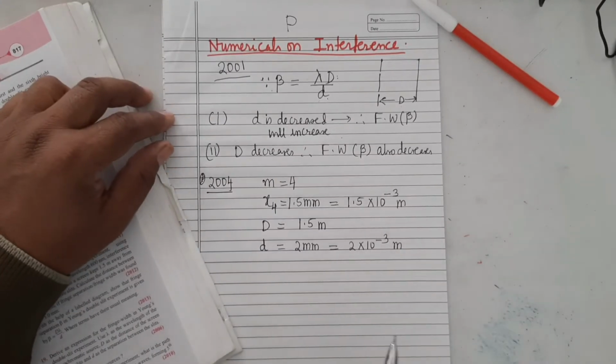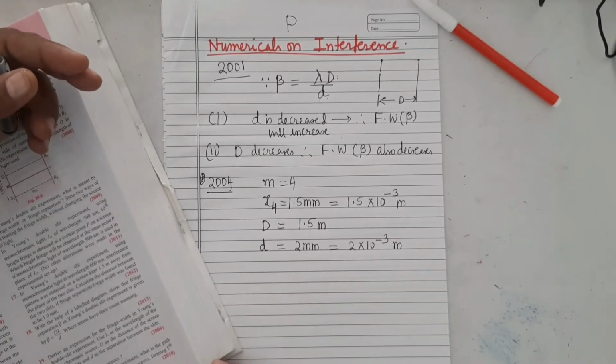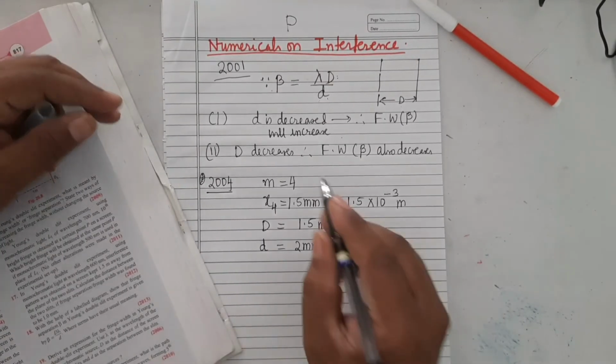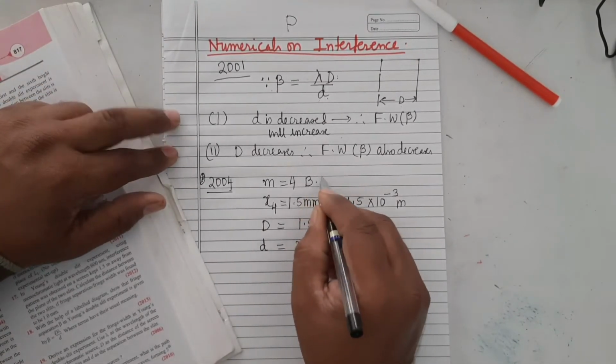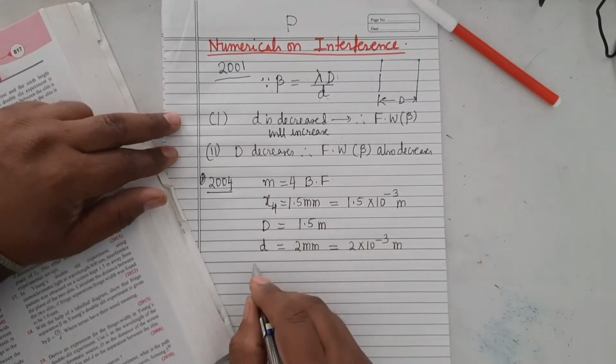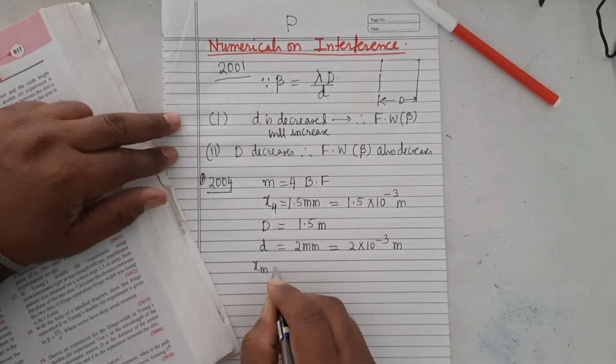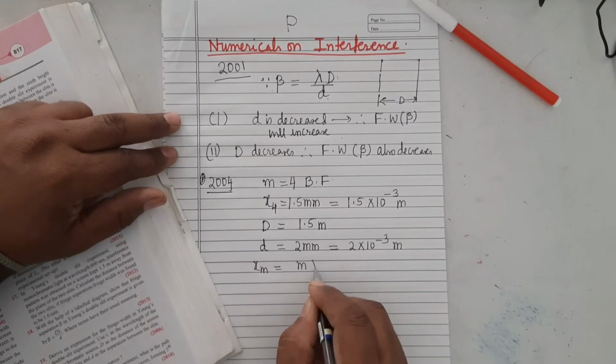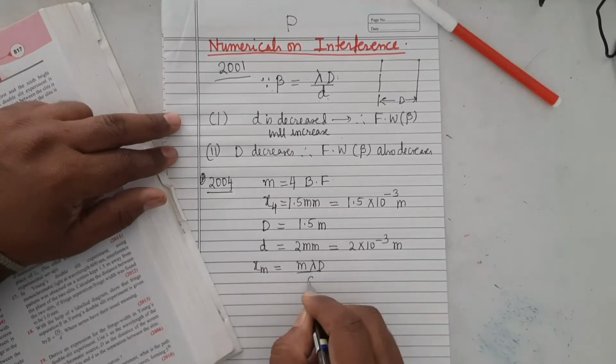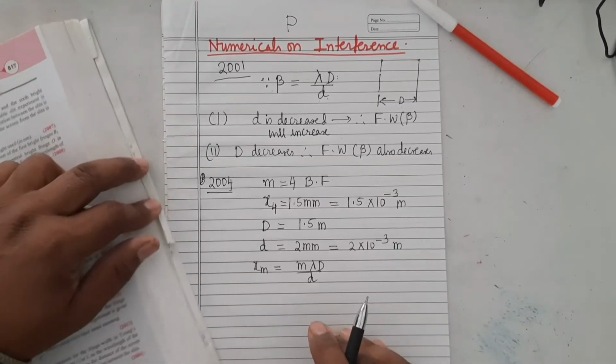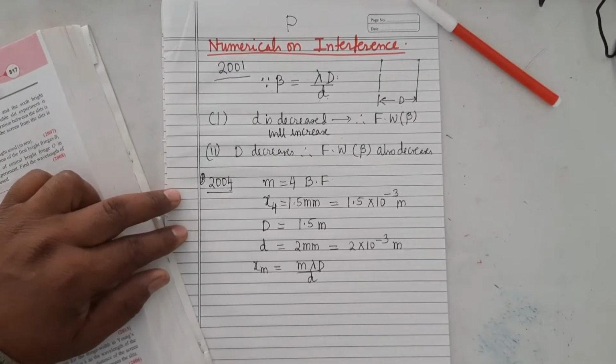So you can do it in a very simple way. Here it is the fourth bright fringe. What is the formula of the mth bright fringe? Xm equals m lambda D upon small d. Now, except lambda, everything is given in the question.